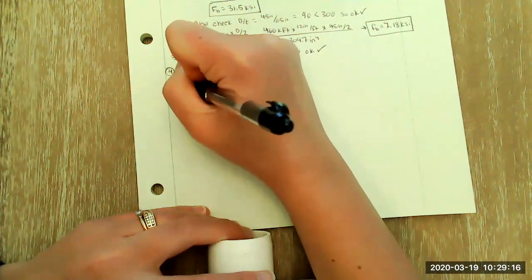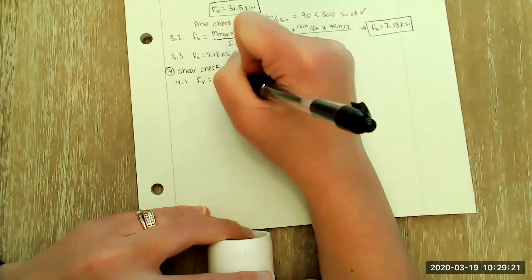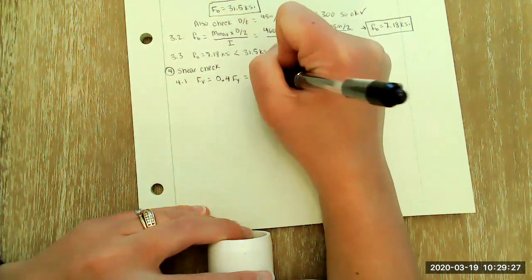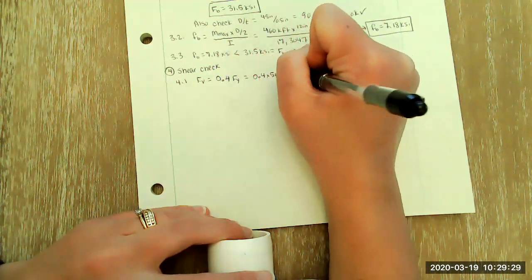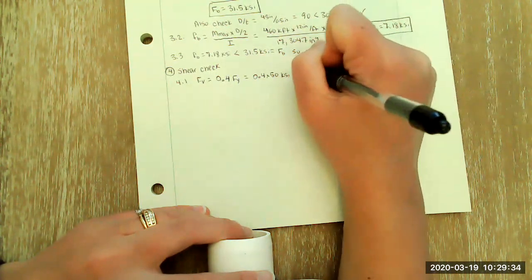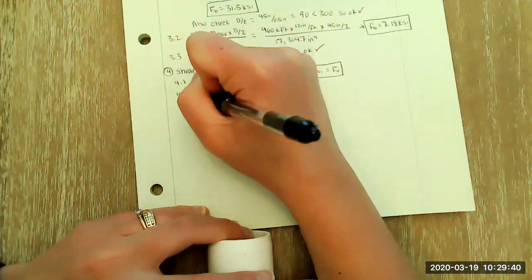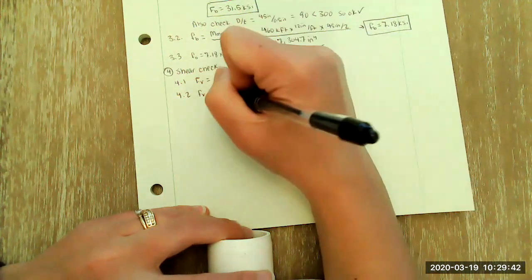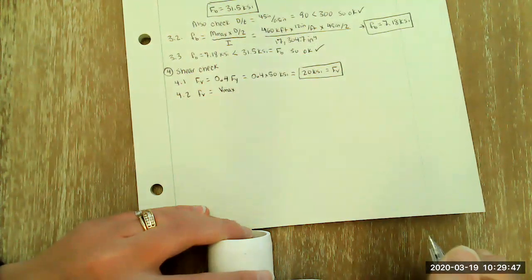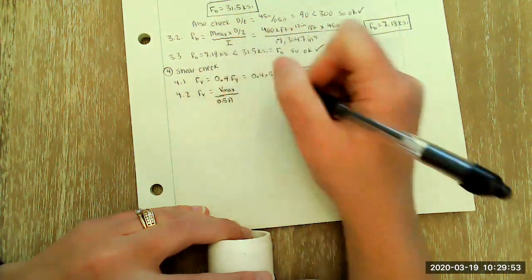And the first thing we do is we always have our allowable shear stress equal to 40%, or 0.4 times our yield strength, or 0.4 times 50 KSI equals 20 KSI. That's our allowable shear stress. Our actual shear stress, little f sub v, is equal to our max shear felt by the pile divided by 0.5 times the cross-sectional area.